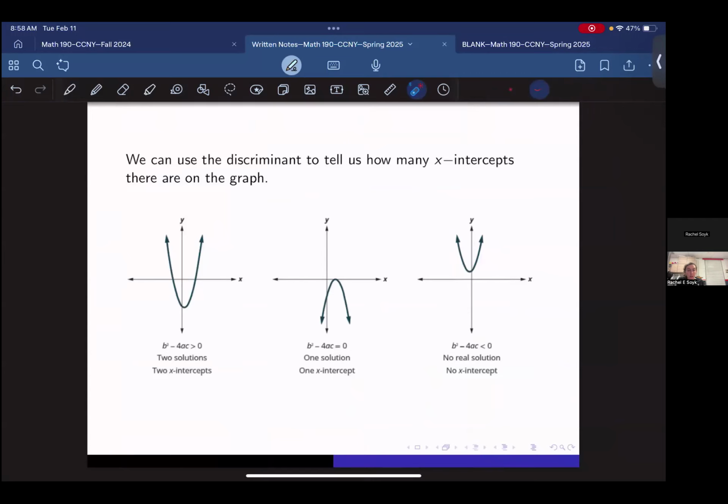This slide is just talking about our discriminant. So just recall your quadratic formula, x equals -b plus or minus the square root of b squared minus 4ac, all over 2a. Remember, it goes to the melody of Pop Goes the Weasel.